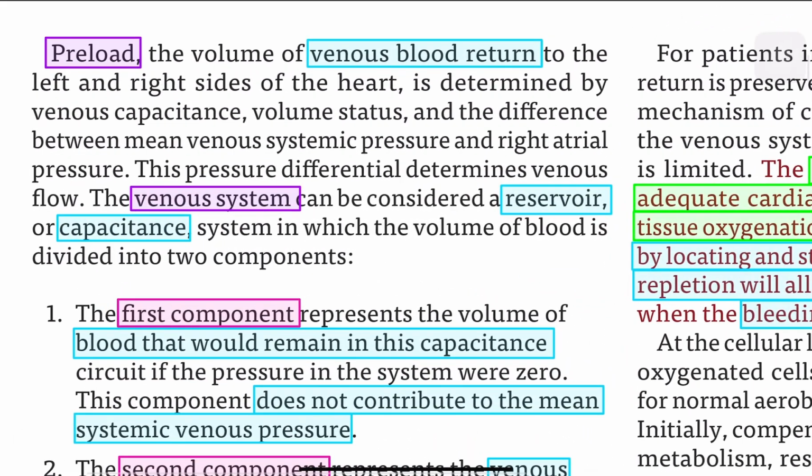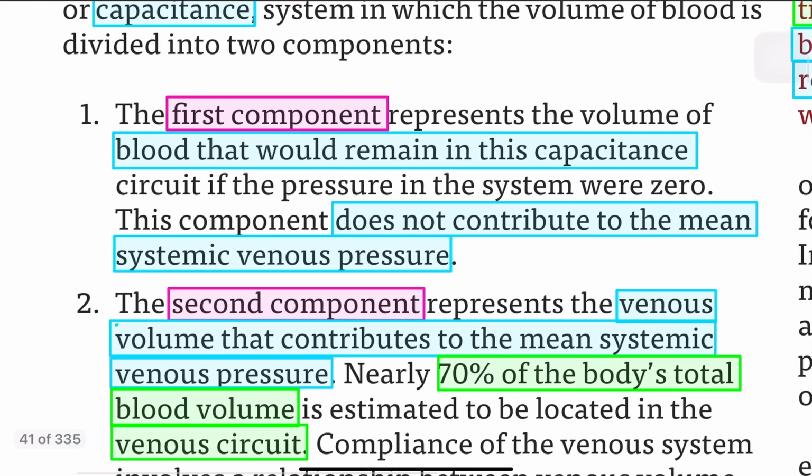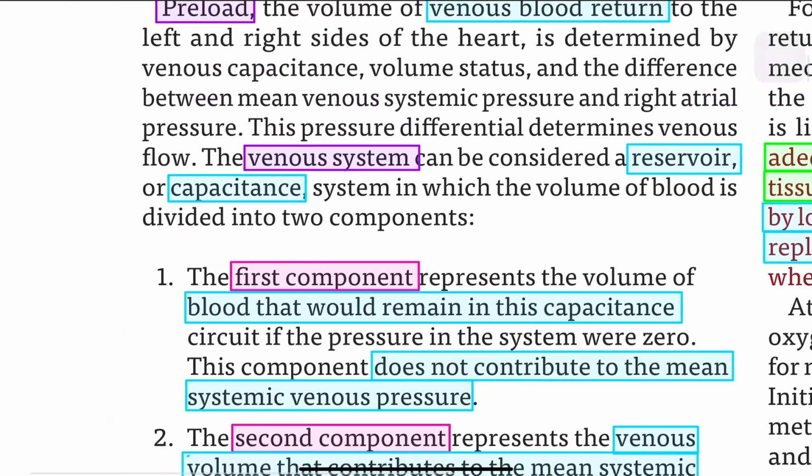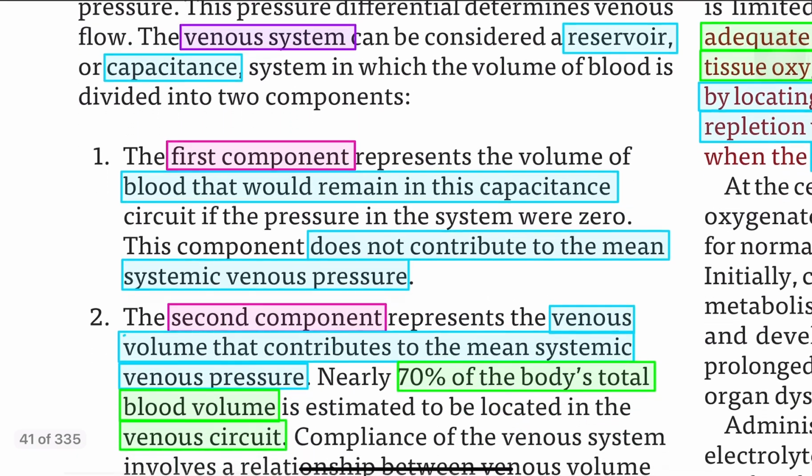So what is preload? Preload is venous blood return. The venous system is considered a reservoir or capacitance. The first component is blood that would remain in this capacitance and does not contribute to the mean systemic venous pressure.